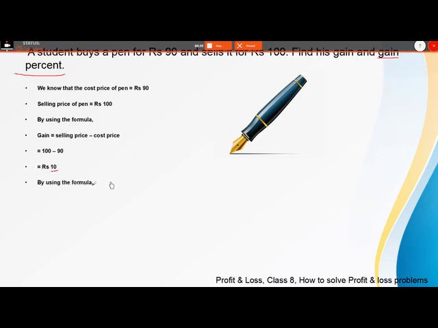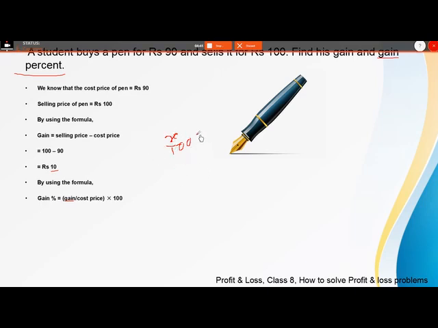Using the formula again, which is given in your notebook: gain percent is equal to gain upon cost price multiplied by 100. Percent is what? Some value, suppose x, upon 100 is nothing but percentage, right?